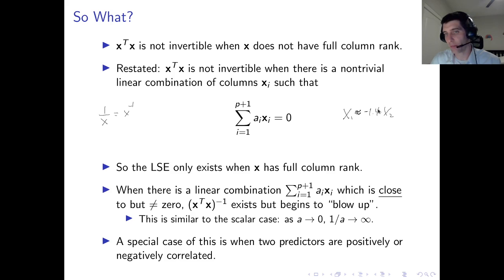You have this linear combination, x1 plus 1.4 x2, which is approximately equal to 0, and you have this blowing up of the inverse. This connects to the idea that two predictors which are very highly correlated are not useful in a model, and in particular they can hurt us because X transpose X inverse begins to blow up.